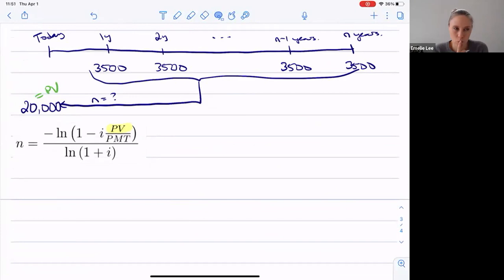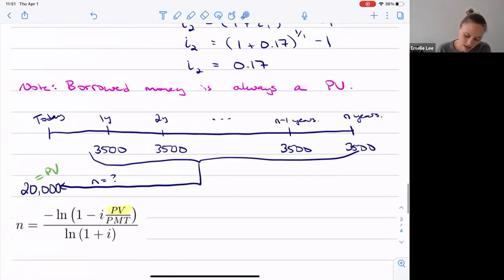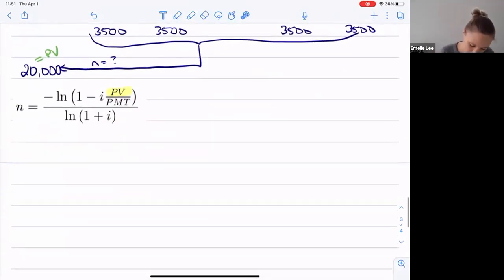So I have I is 0.17, I have PV, which is 20,000, I have the PMT, which is 3,500, and then I have I again, which is 0.17. At this point, I have everything and it's really just a plug and chug situation. So let's get to it.